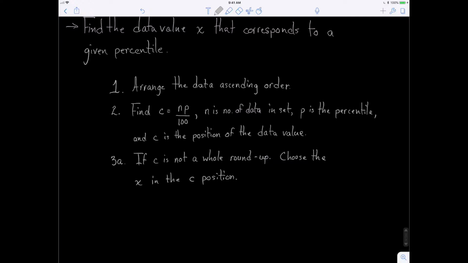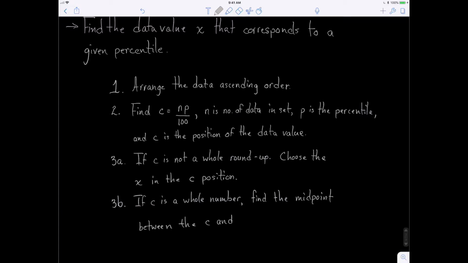And if C is a whole number, that's 3B. 3B says that if C is a whole number, find the midpoint between the C and C plus 1 position.